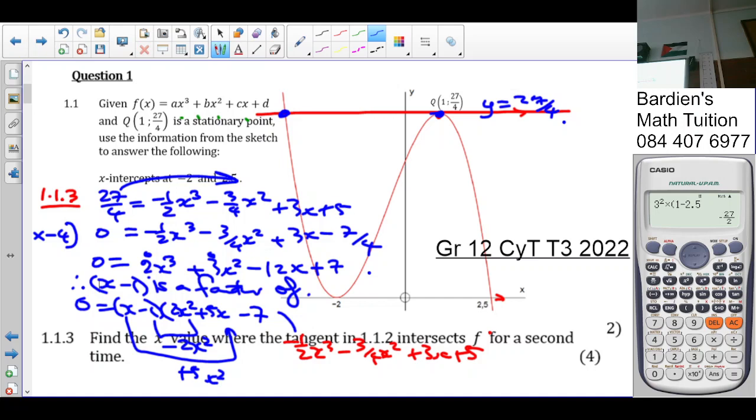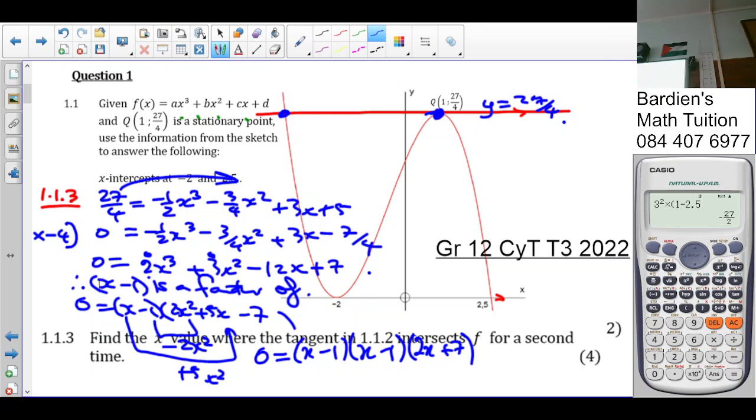Okay. So now we've got 0 is equal to x minus 1. The other one has to also be x minus 1. Why? Because the graph is bouncing off here. Okay? And then the other factor is going to be 2x plus 7.